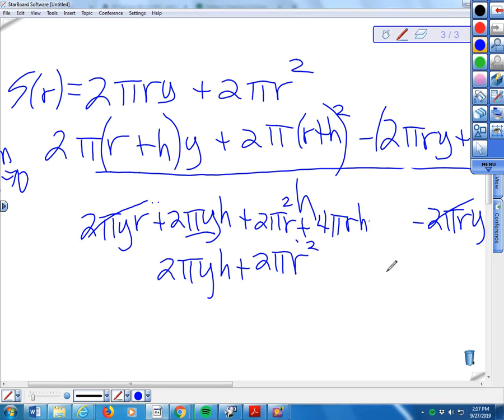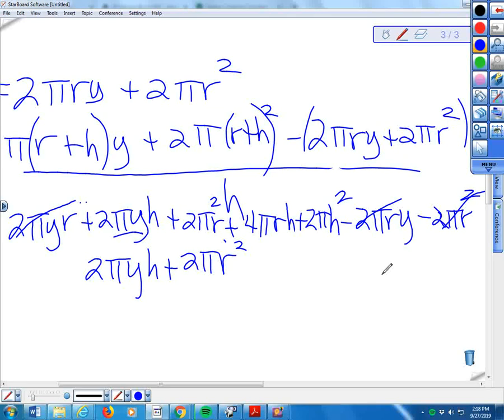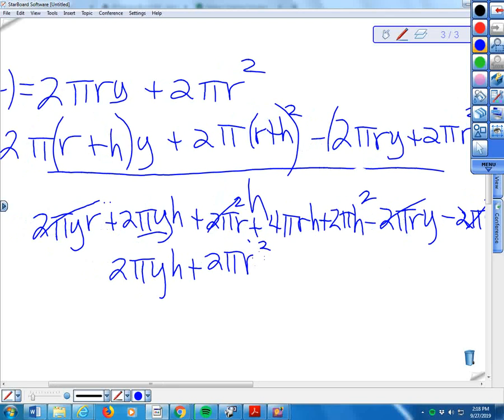That's my problem. Okay, so the 2 pi r squared cancels with this one. Sorry about that. 2 pi hy plus 4 pi rh plus 2 pi h squared.